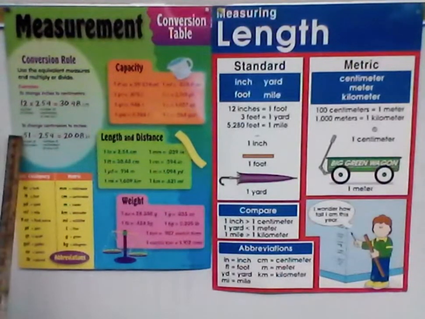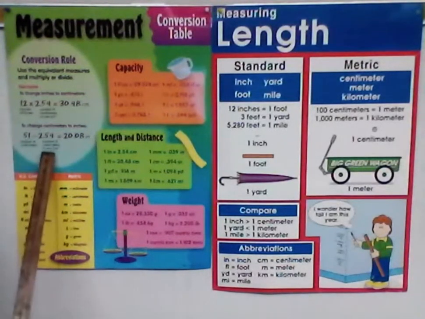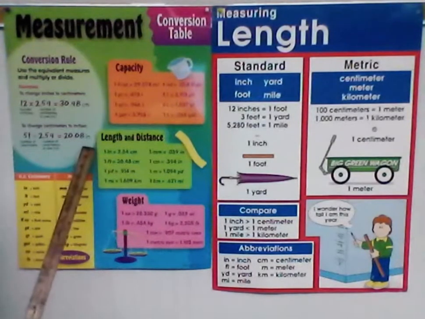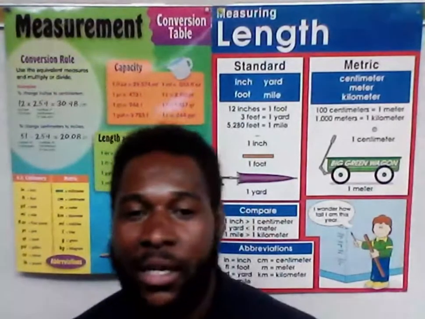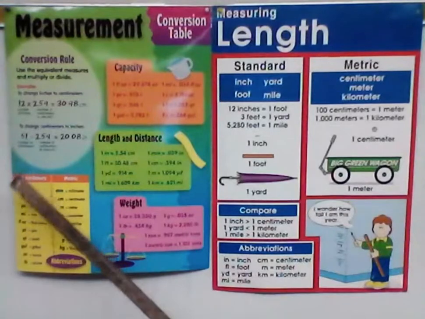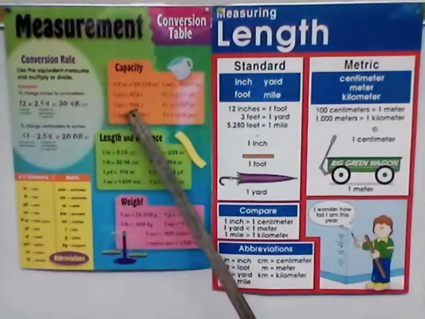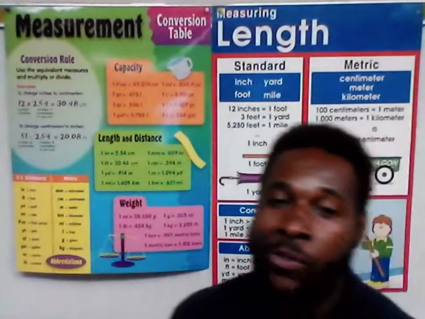So if you divide 51 centimeters by 2.54 centimeters per inch, you'll be left with 20.08 inches. So that is super important to understand. We have 2 different ways to convert. We can go forward and we can go backwards. In that case, you have to use your 2-to-1 ratio.